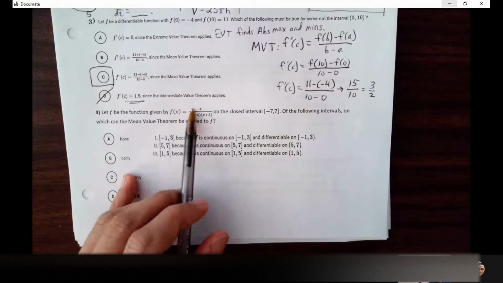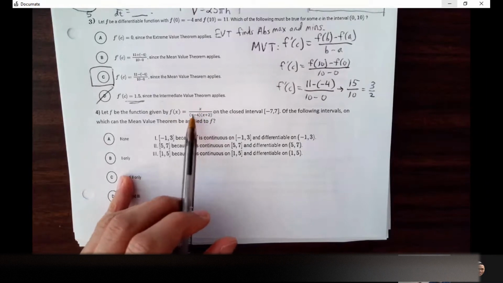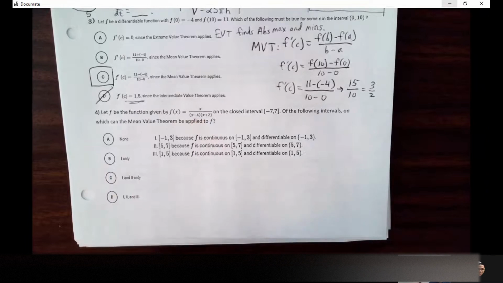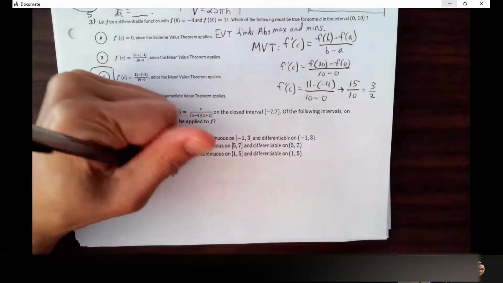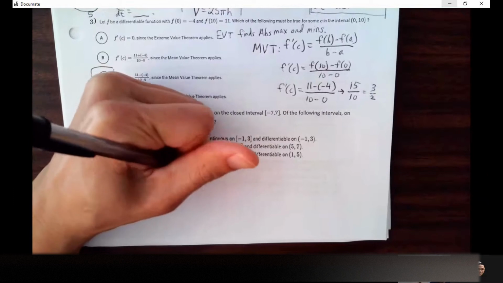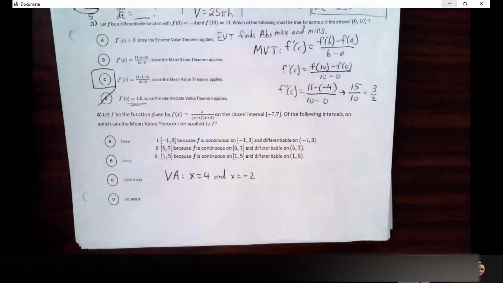So we have some issues that we have to kind of work around, right? So mean value theorem is only going to apply if it doesn't span across these asymptotes. So we know there are vertical asymptotes at x equals 4 and x equals -2.